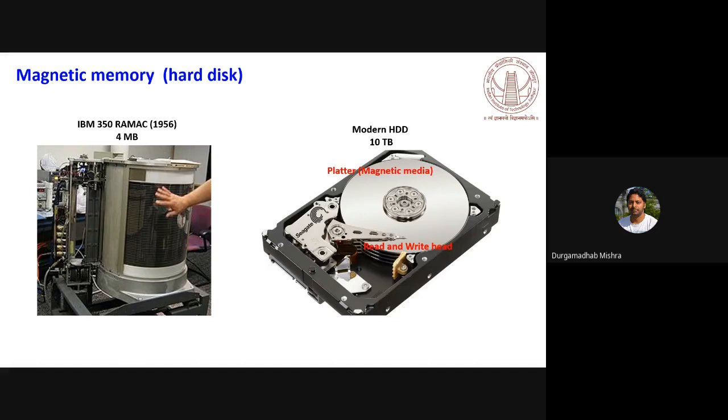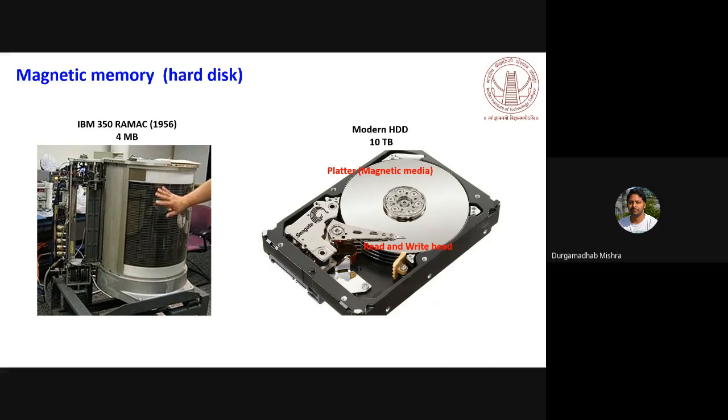But in the modern hard disk drive, you see a big reduction in size. This one is quite huge, and the amount of data it can store is like 4 MB. But nowadays you can store 10 terabytes of data and hold it in your hand. This is where research in nanomaterials came in.